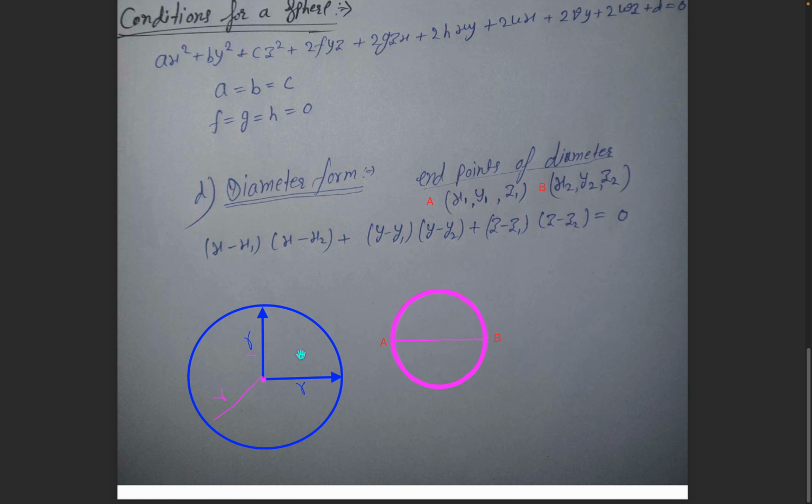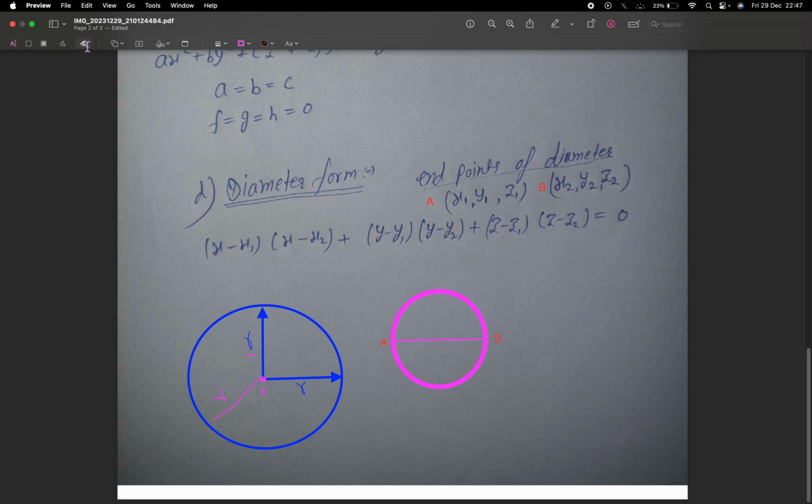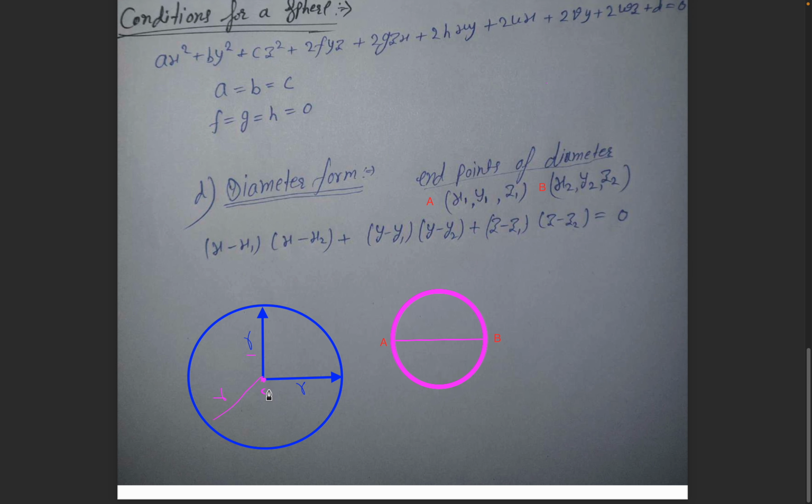A sphere is the locus of a point which moves so that its distance from a fixed point always remains constant. Let O be the fixed point, the origin.